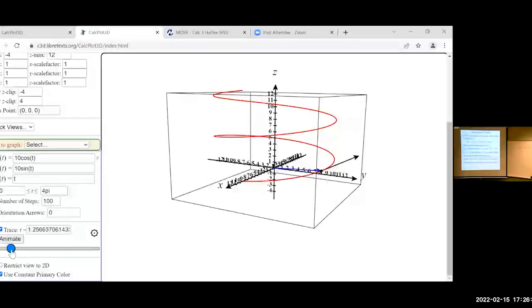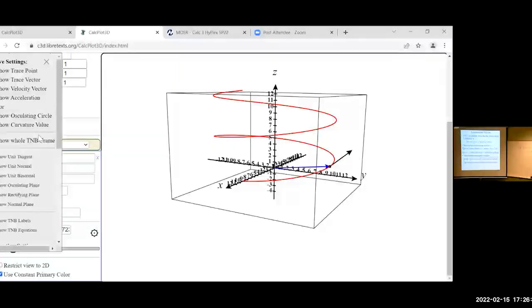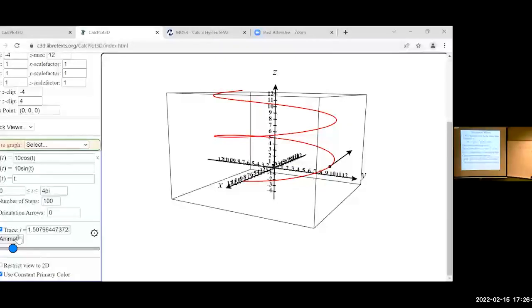You see that black vector right there? That's our velocity vector. I'm going to take off that blue one, the trace vector, just to make sure it's not too confusing. It basically goes from the origin to the point, but we don't really need that right now. Notice how the velocity vector is always tangent to the path of motion.